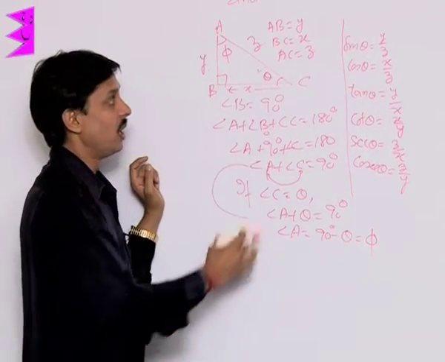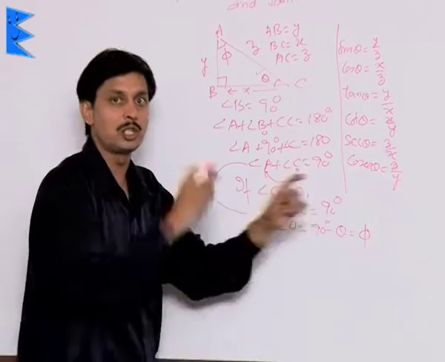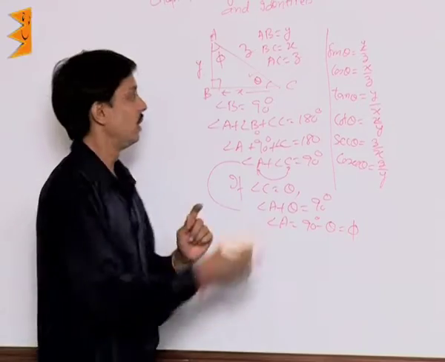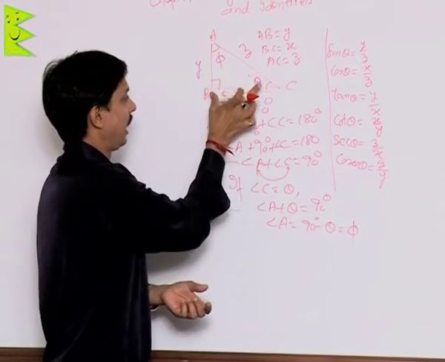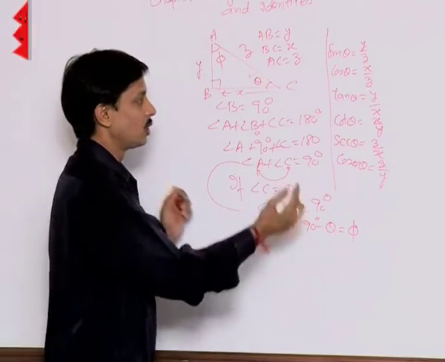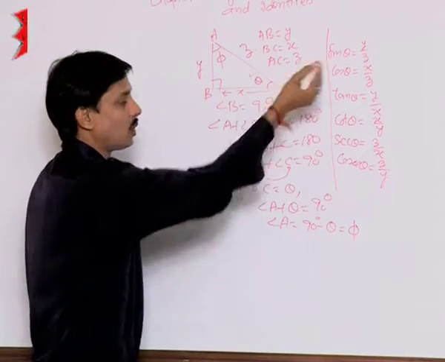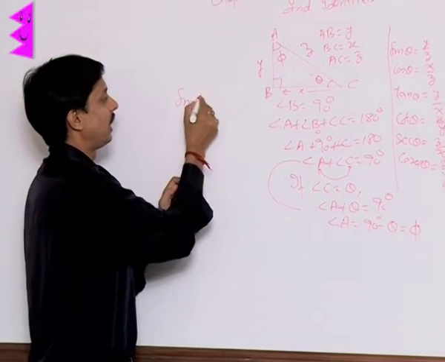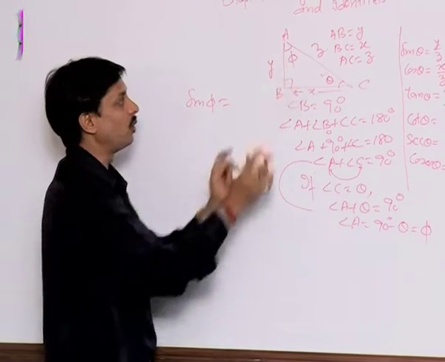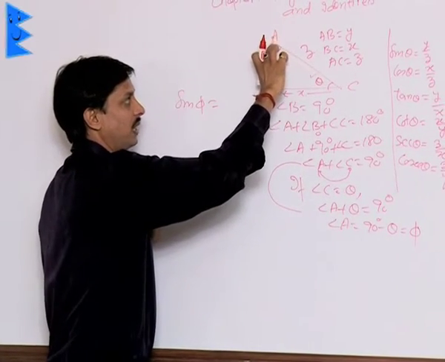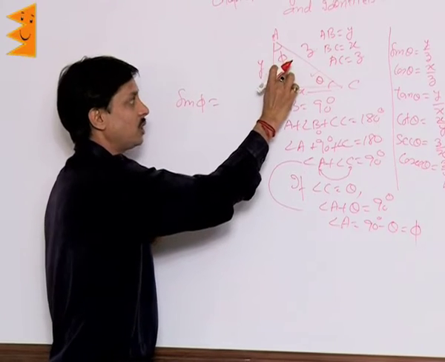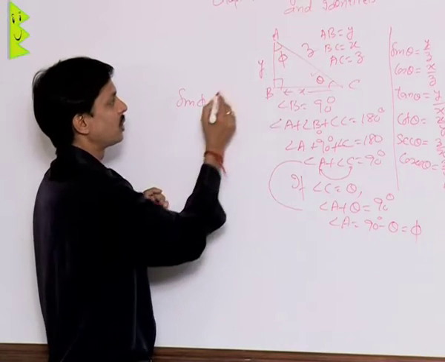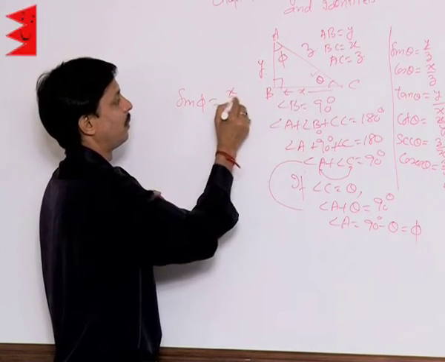We have calculated these. If in place of theta, in all 6 trigonometric ratios I use the angle phi, then you must be aware that y will be the base and x will be the perpendicular. So I am now calculating the values for phi. Sin phi: if I take angle phi to study, this will be the base, this will be the hypotenuse and this will be the perpendicular, so sin phi is x upon z.